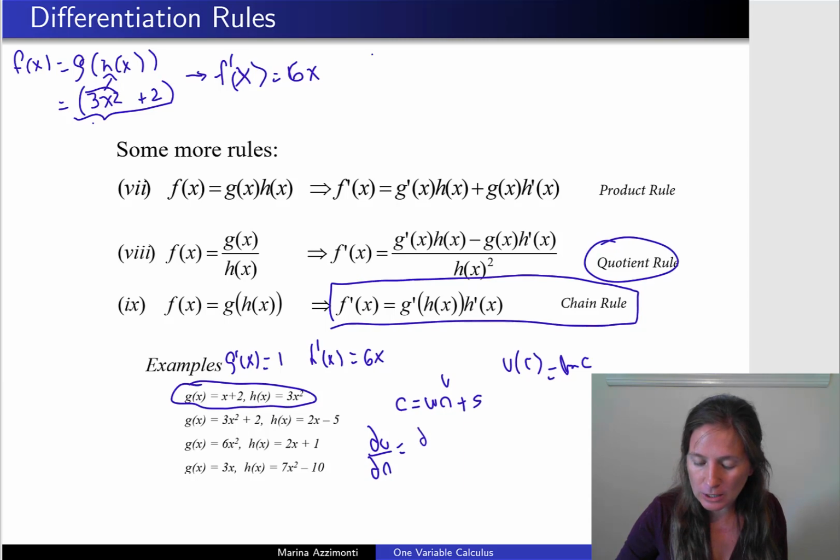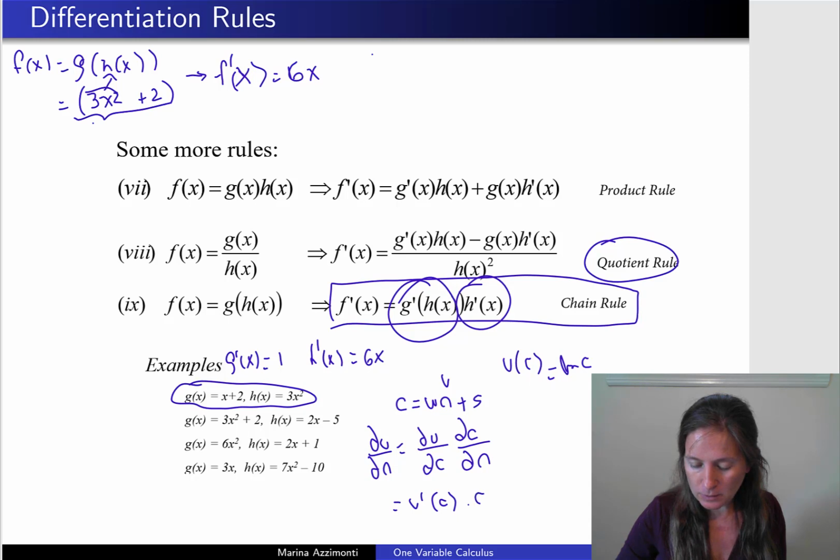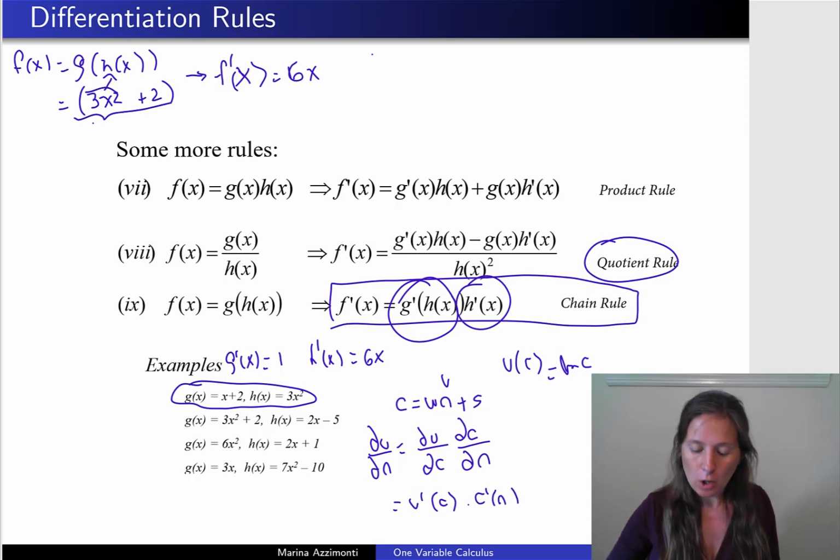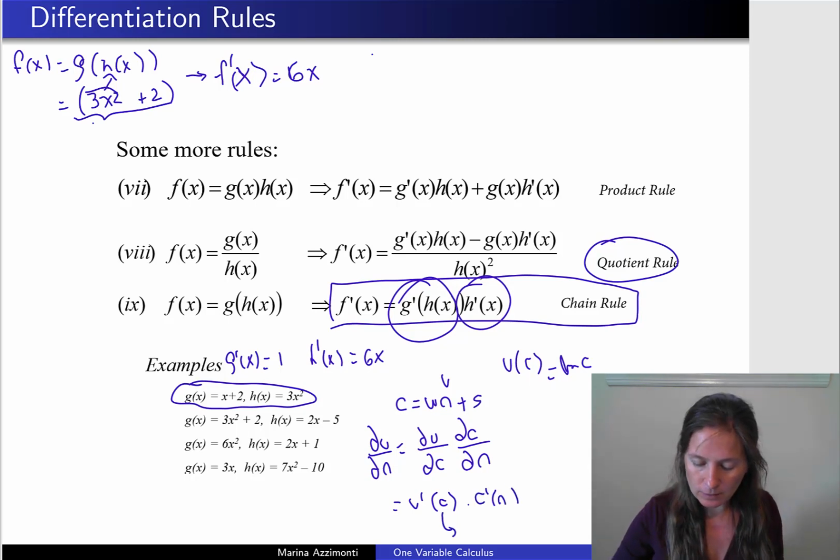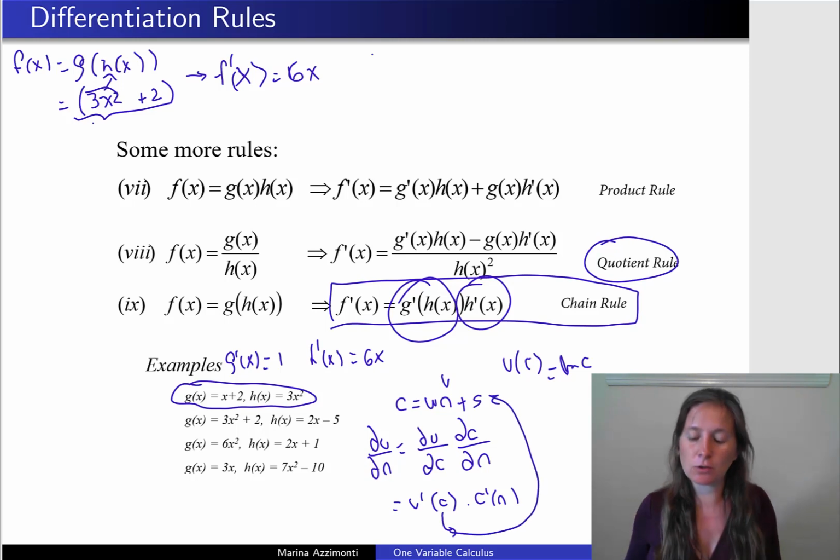That's going to be the change in u when you change c, which is this part here, times the change in c when you change n, which is this part here. So in other words, it's u prime of c times c prime of n, where c is evaluated at the budget constraint.